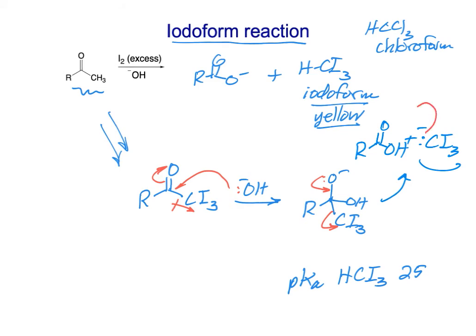This is a strong enough base that it now removes the proton on the carboxylic acid. This generates the carboxylate anion and the iodoform. So any amount of the triiodocarbanion that's formed deprotonates the carboxylic acid. This siphons the reaction all the way towards the product.